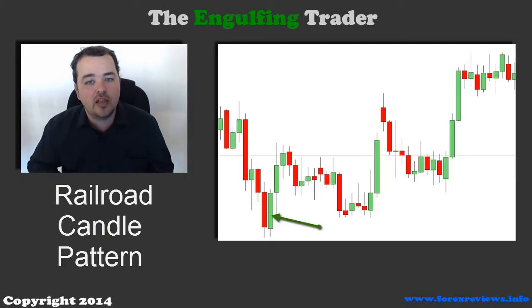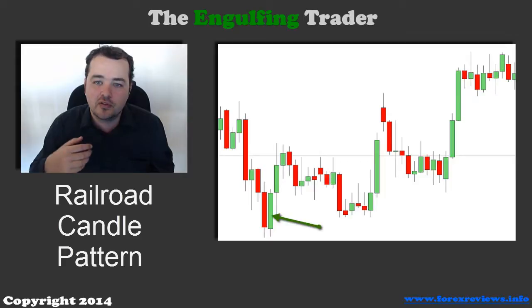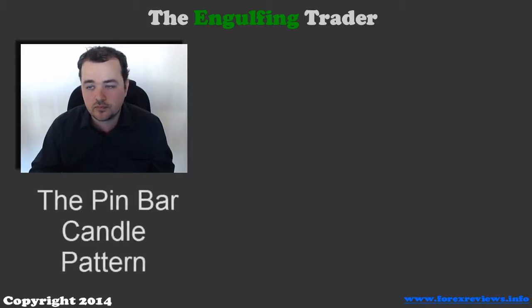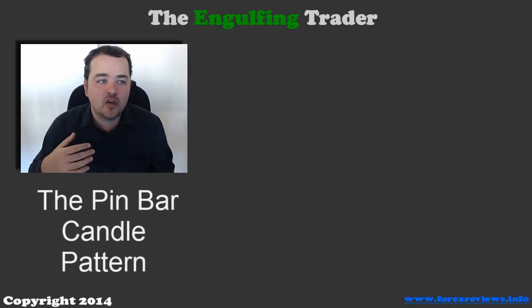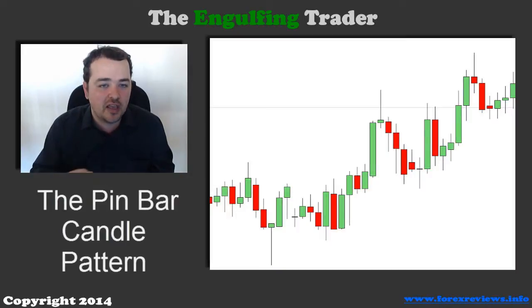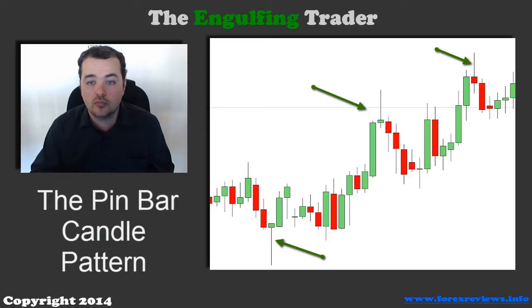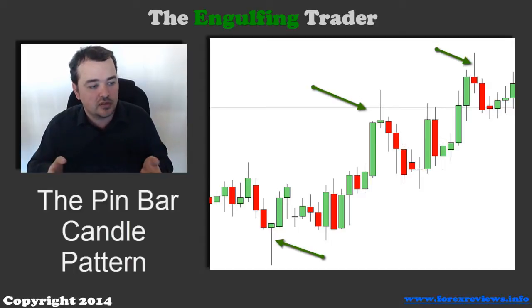The third type of signal, and I'm sure all of you have heard of it before because it's commonly mentioned on many trading sites and in many trading arenas for price action traders, is called the pin bar. Now, the pin bar has often been referred to as one of the magical candles in Forex. And yes, it is definitely the second most important candle of all if you're a price action trader. However, even the pin bar needs some form of confluence in order to be traded successfully.